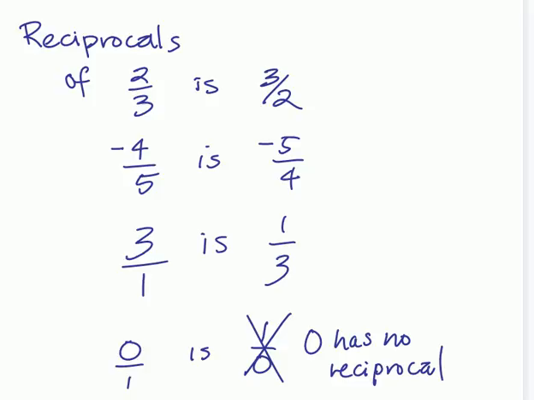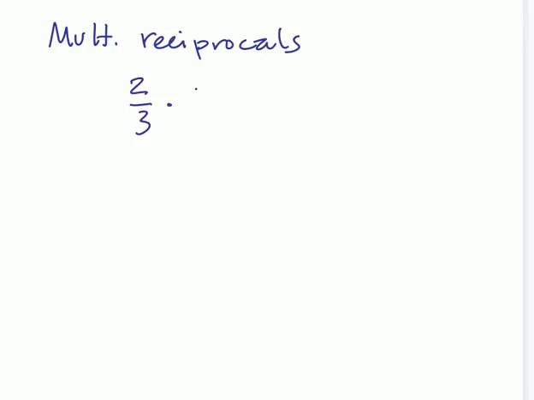Okay, and last thing, because I've got just 1 minute left to go. What happens when you multiply reciprocals? Well, we had 2/3 and its reciprocal was 3/2. When we multiply them, you would get 6/6, or 1.